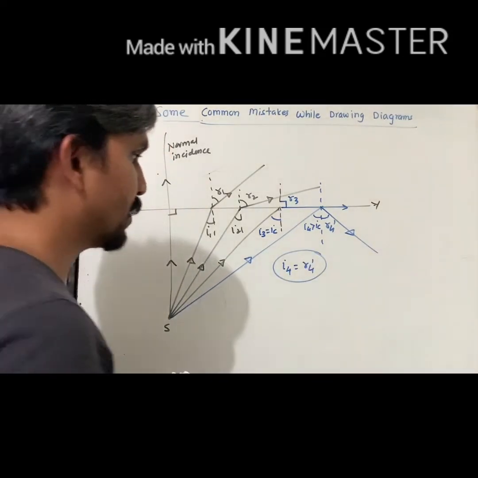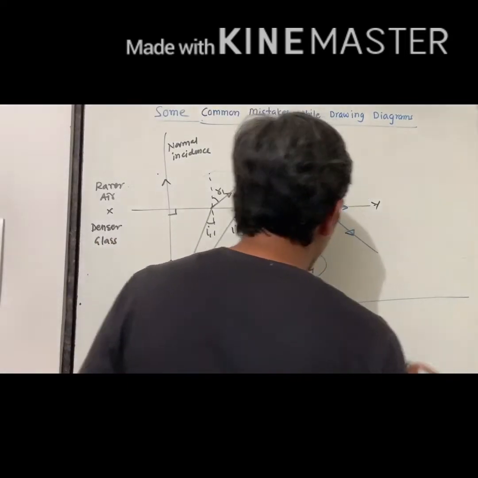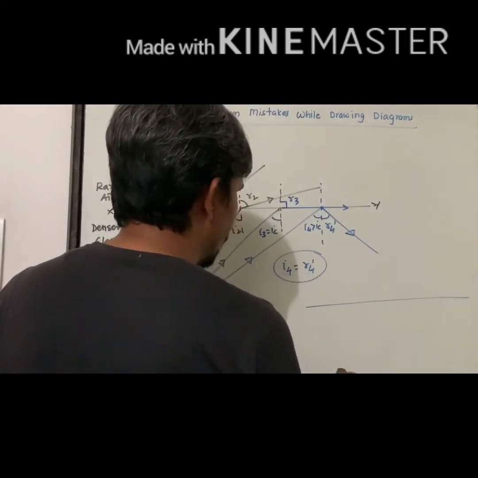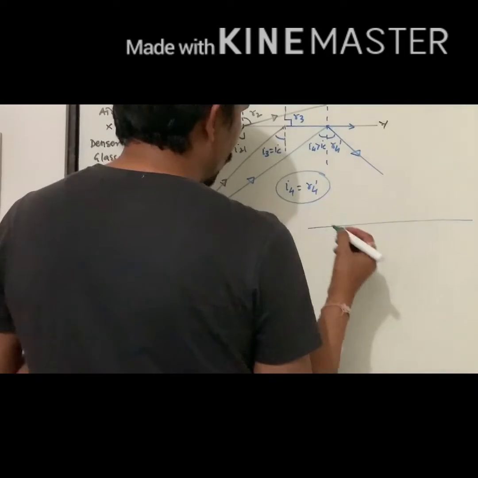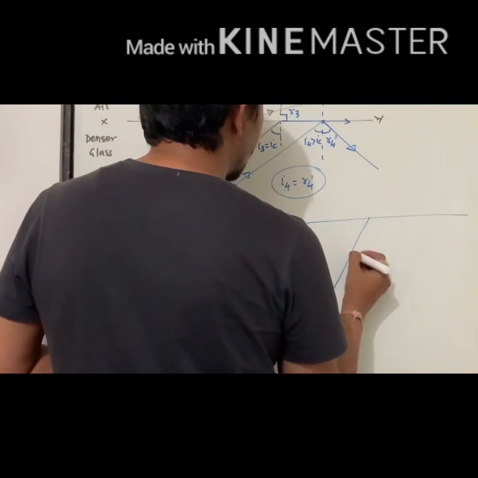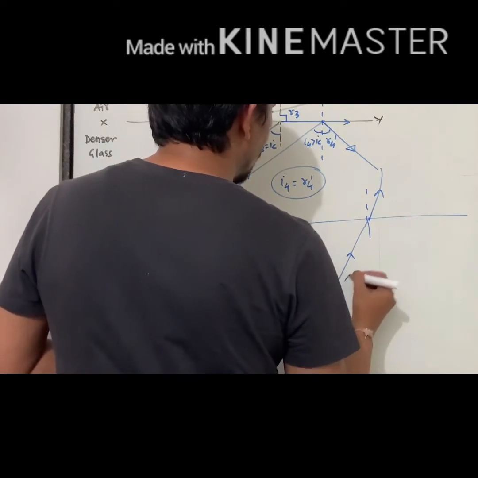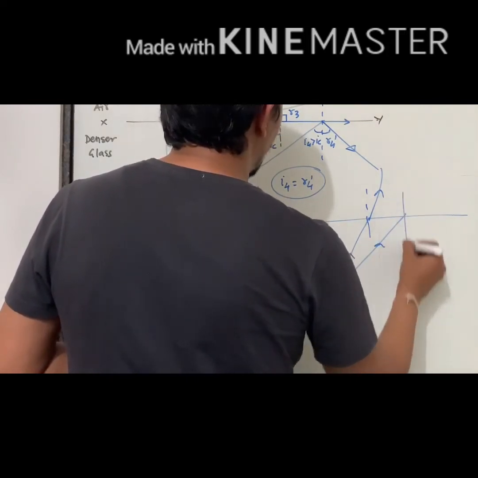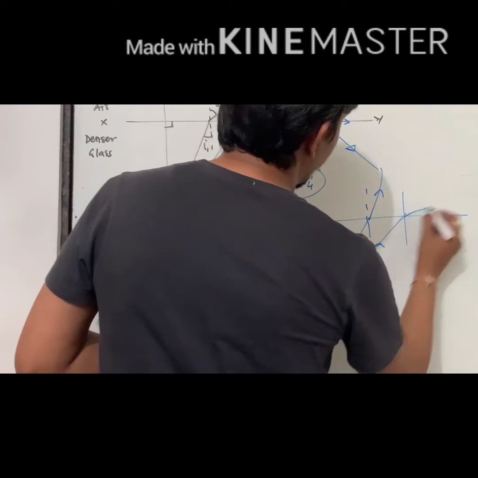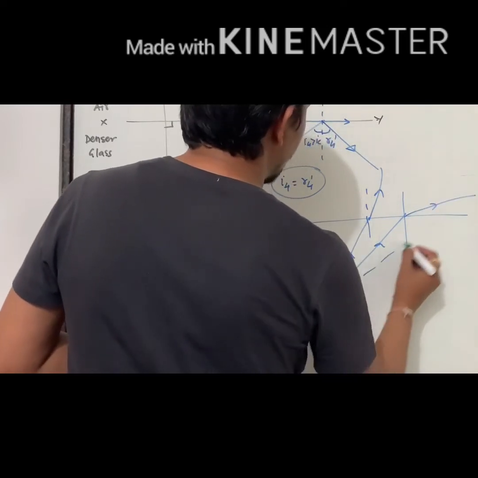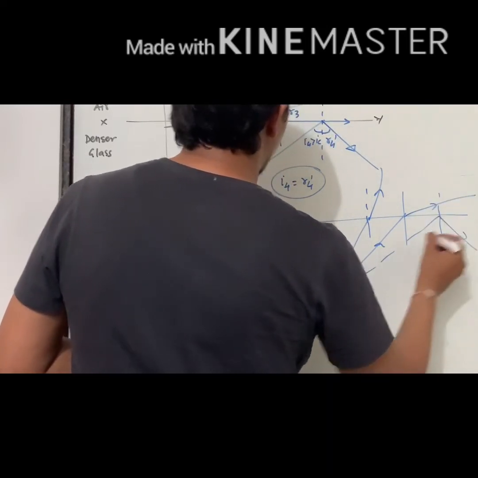Now how are the students drawing this diagram? They will write this is the source. They won't show the normal incident or that part. This is the first incident ray. They will bend this light like this. For the second incident ray, they won't draw the normal. They will say this is refracted. For the third, they show it this way.